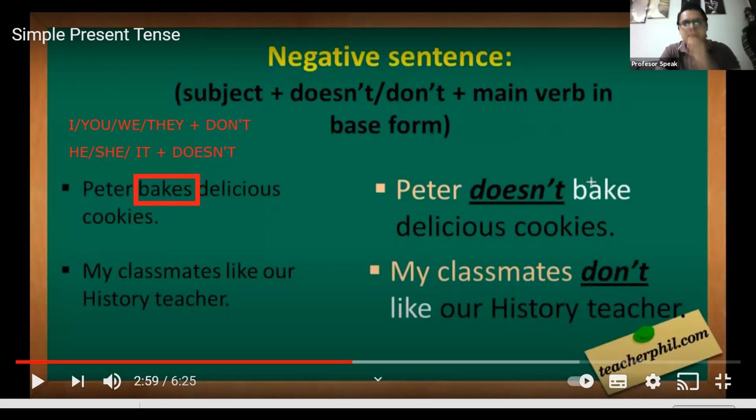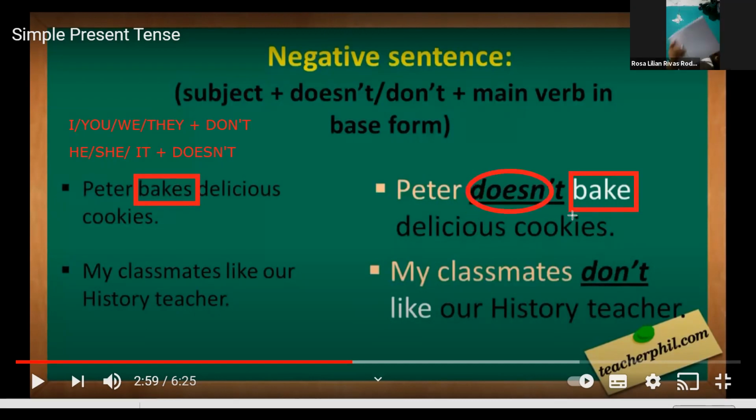It's negative. Okay. So what happens to this verb? Peter bakes. Peter doesn't bake. Is the verb for auxiliary. Exactly. We don't change the verb in negative sentences. Why? Because of the auxiliary. It's because of the auxiliary, guys. All right?